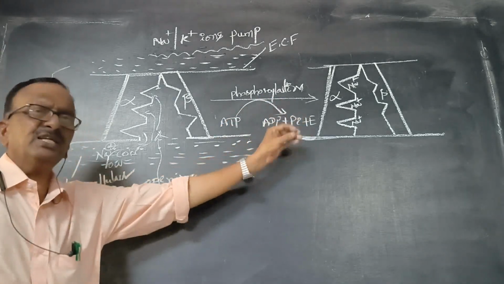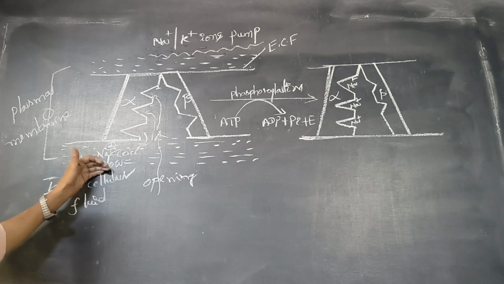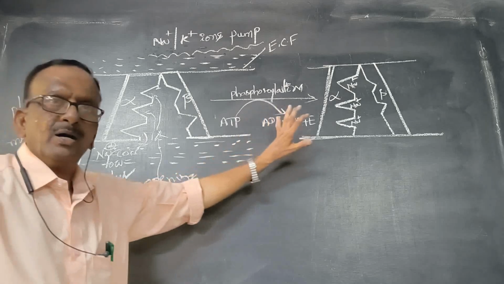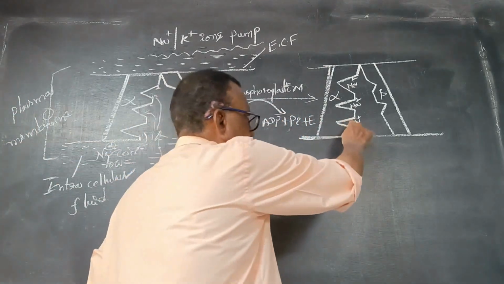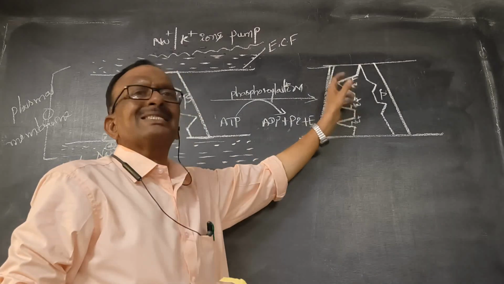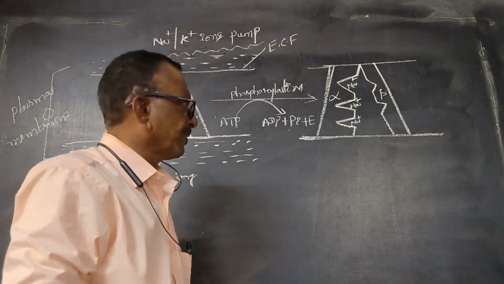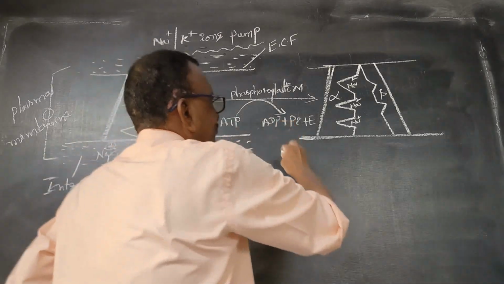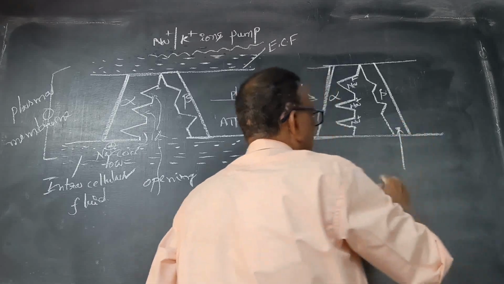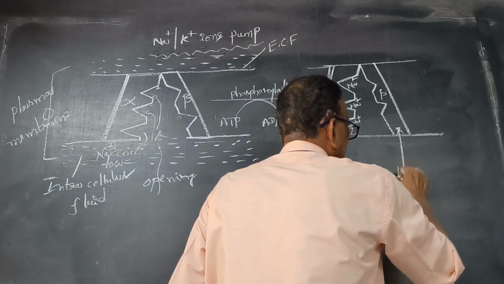This energy is utilized for moving these ions from a low concentration area to a higher concentration area. Are you catching the point, please? So now they will fix into the sites present in the alpha unit. And this inorganic phosphate gets attached to the beta unit. So this is Pi.